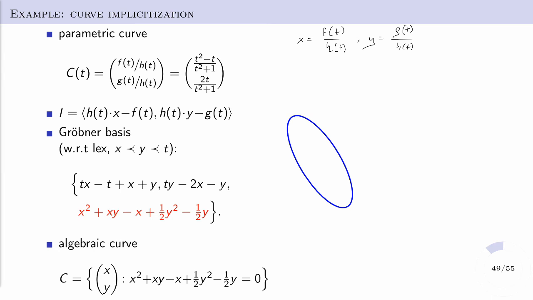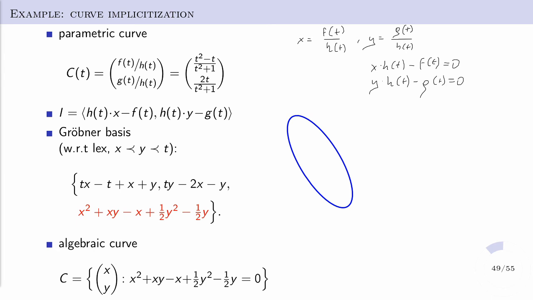These are not polynomials, but we can just clear the denominators and we arrive at this system: x times h of t minus f of t is null, and y times h of t minus g of t is null.